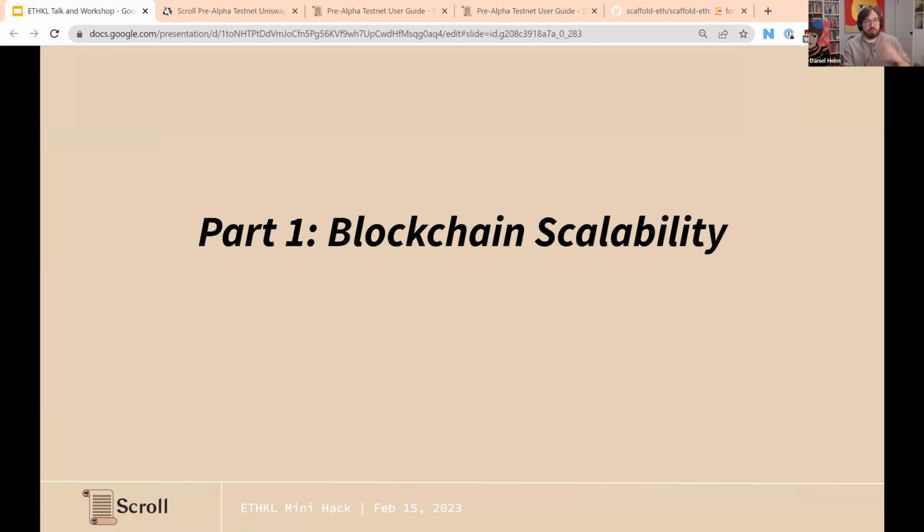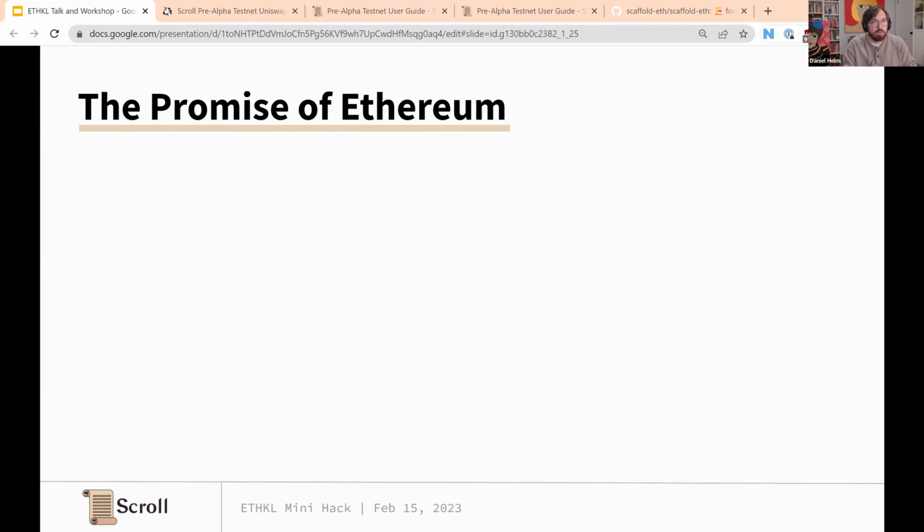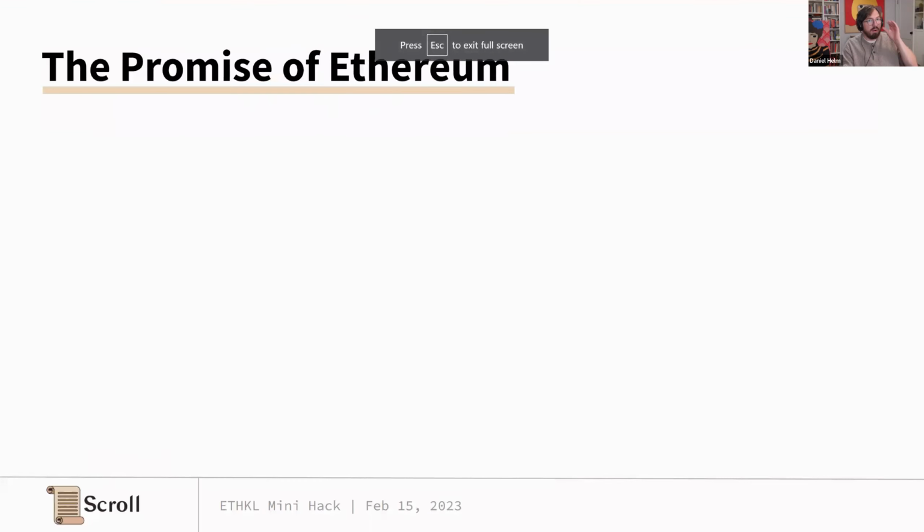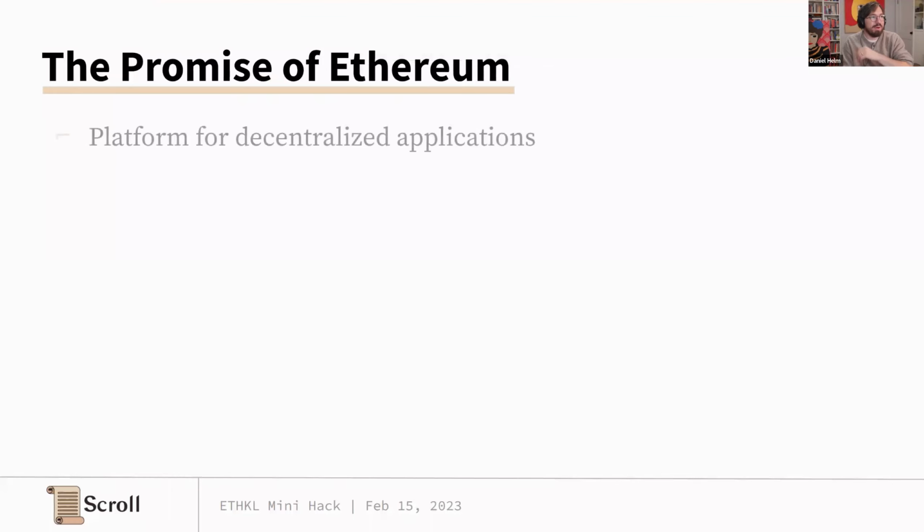So to tell the story of Scroll, why Scroll, what we're building, we've got to start off with blockchain scalability and understanding what this problem is, why we're trying to solve for it. So we can start off looking at the promise of Ethereum. I think all this is probably pretty well-trodden territory for an Ethereum meetup, but we'll get into it.